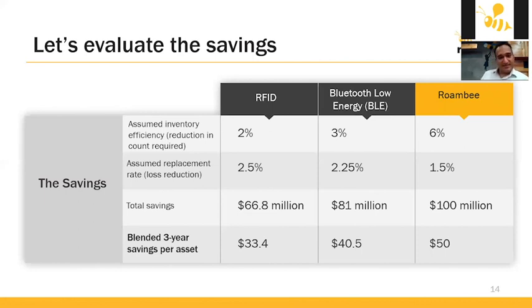So total savings, add them up with a cost per pallet of $500 and 2 million pallets in this particular use case, and you see that the savings are significantly higher when it comes to Roambee versus the previous two technologies that were existing in the market. Well, Bluetooth, I would say, is much more recent, but RFID has been existing for probably more than 2 decades.